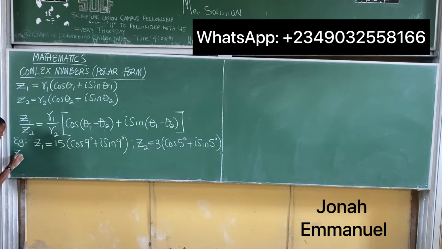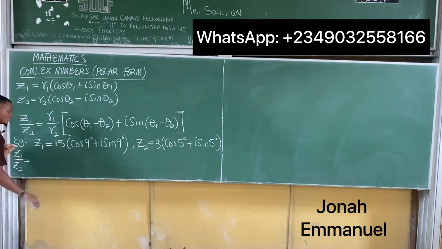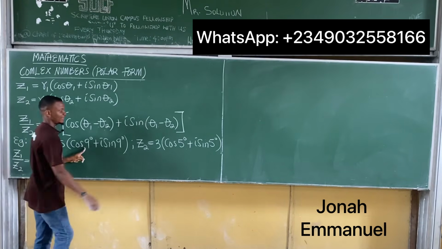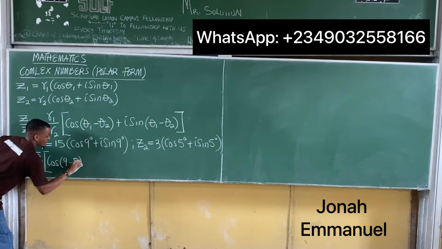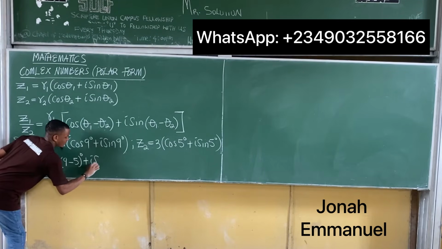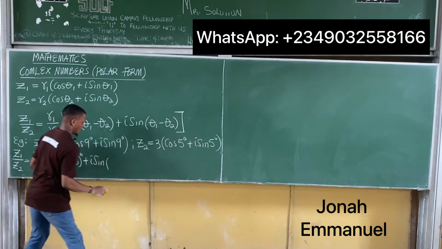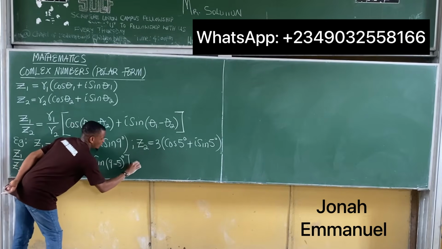Obviously, z1 over z2 will be equal to, we said, divide the modulus. That becomes 15 over 3 into cos of (9 minus 5), all in degrees, plus i sine of (9 minus 5), all in degrees.